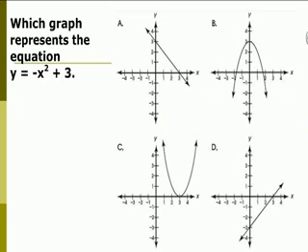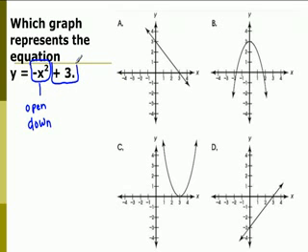The next question states, which graph represents the equation negative x squared plus 3? Well, what we've learned in the past is that the sign in front of the x squared tells if it's going to open up or down. So if it's a negative, that means it's going to open down.